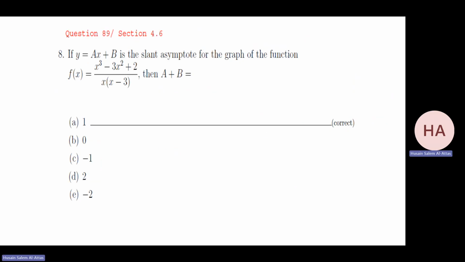Okay, let me finish with this question. I want the slant asymptote, and he wants what? He wants a. Notice this is x squared minus 3x, minus 3x squared. I have x cubed minus 3.